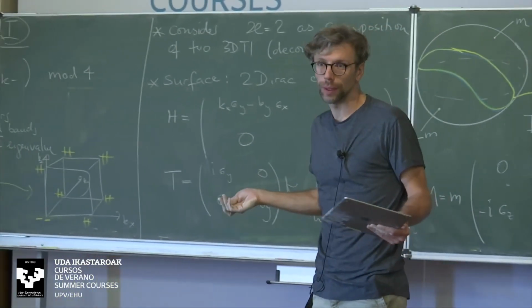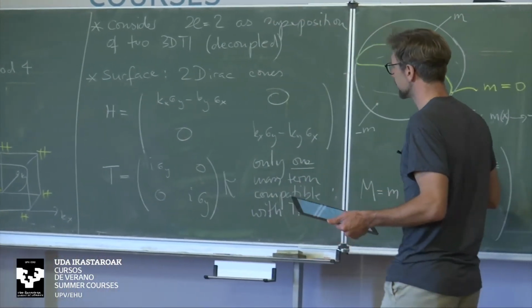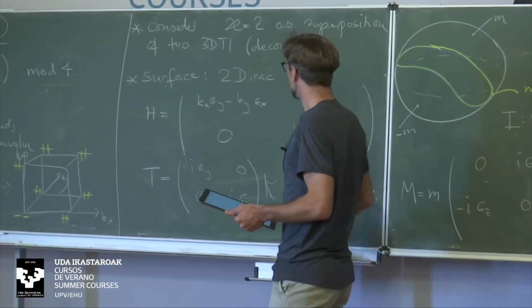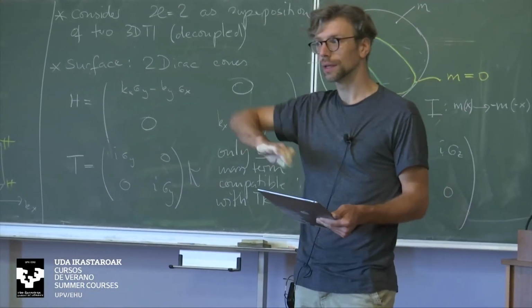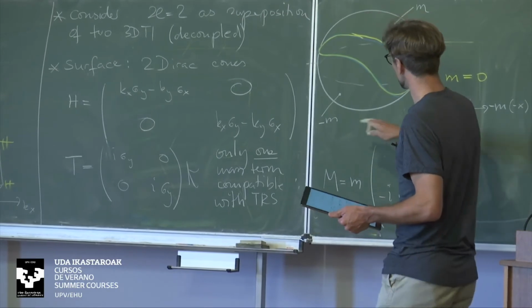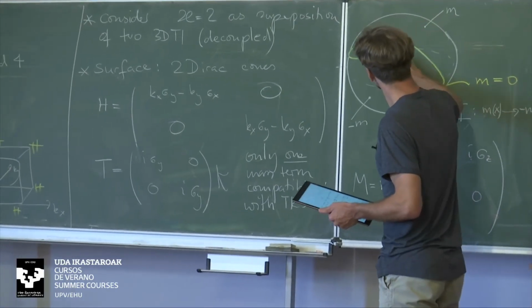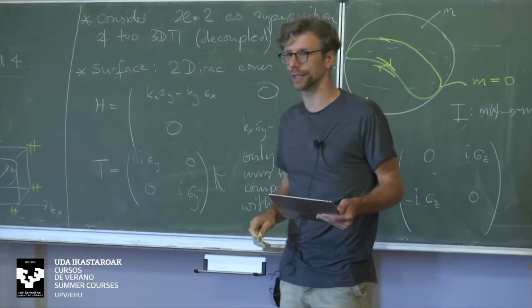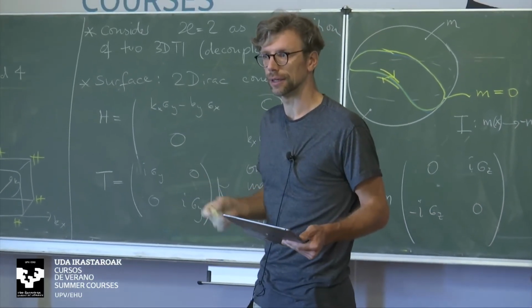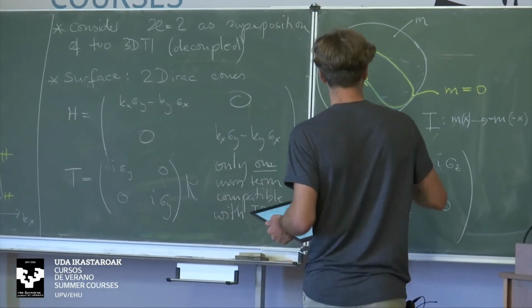And now we know what happens in such a situation. Again, this is just two Dirac equations. So we know that the domain wall between the region with positive and negative m binds two modes. And in this case, because of time reversal symmetry, they are counter-propagating, and they are a Kramers pair.